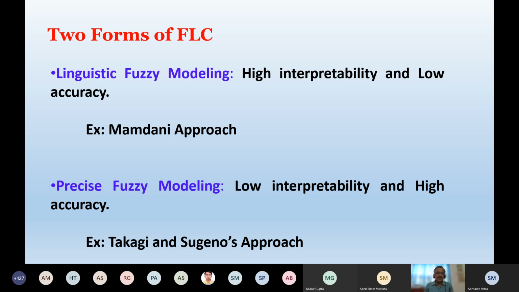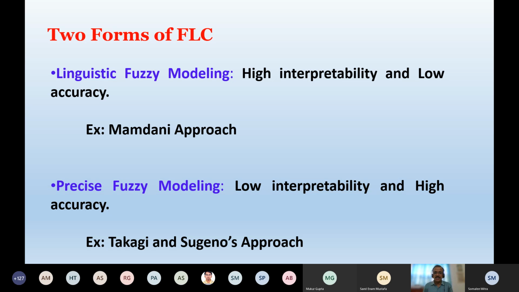For example, let me take the same example. If the temperature of the room is low and the humidity is medium, the angle of valve opening is a linear function of temperature and humidity.